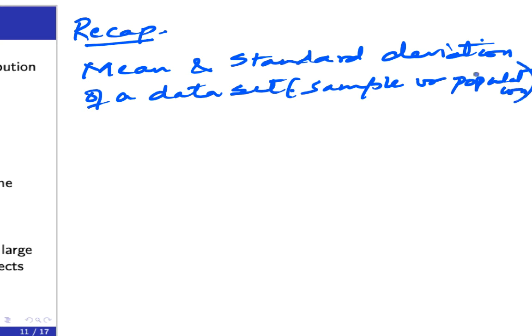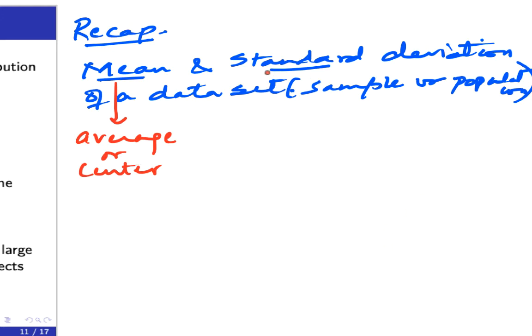The main idea is, what is the literal meaning of mean? What is the literal meaning of standard deviation? The mean, if you remember, describes the center or is the average value of a data set. Out of all those values in a data set, what is the average value which happens a lot? It could be the center, depending upon what kind of population we're looking at.